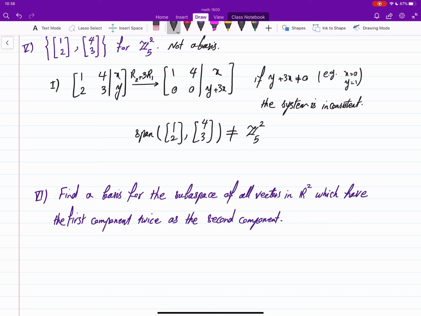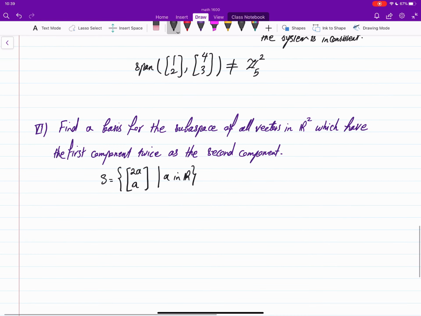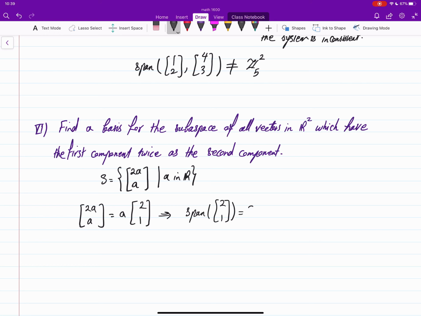So this subspace, we already studied these subspaces. So the first component is twice the second component. So whatever the second component is, let me write as A. The first component is going to be 2 times that, for all A in real numbers. As you can see, any vector in S, so 2A, A, can be written as A times 2, 1. And well, this means what? It means that the span of 2, 1 is equal to S.